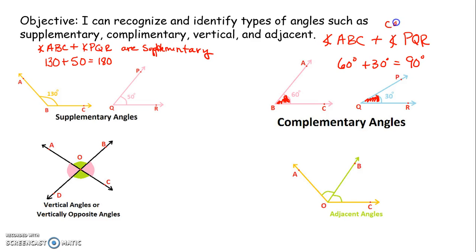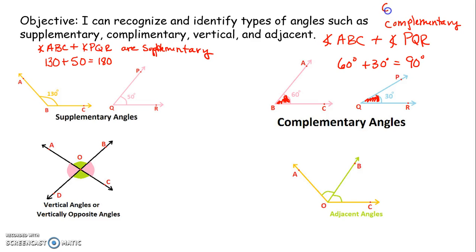Complementary angles are a pair of angles that add up to 90 degrees. Miss Pearson likes to say it's right to give a compliment. So complementary angles are 90 degrees.